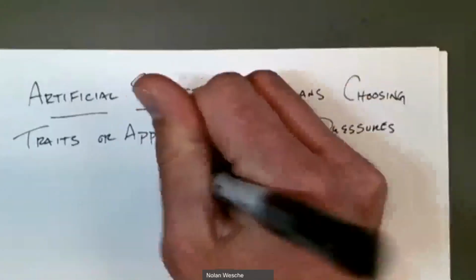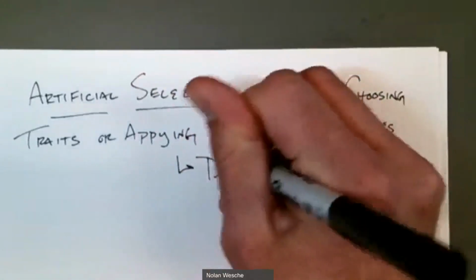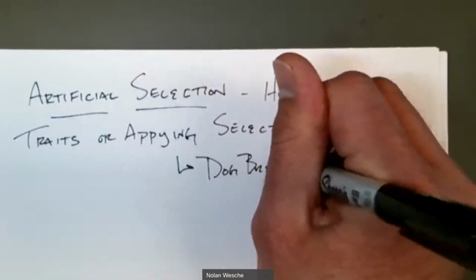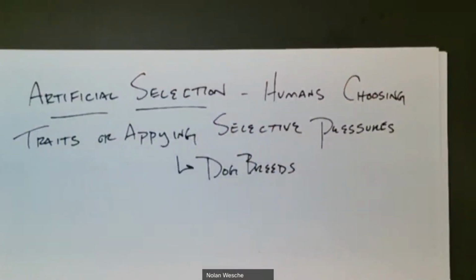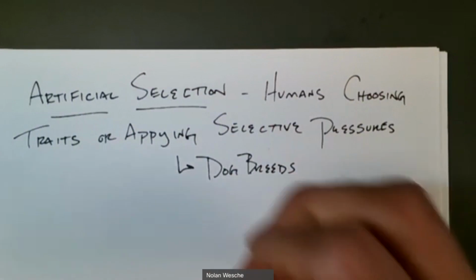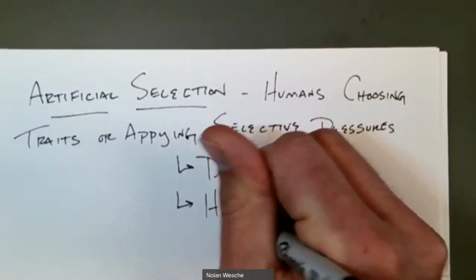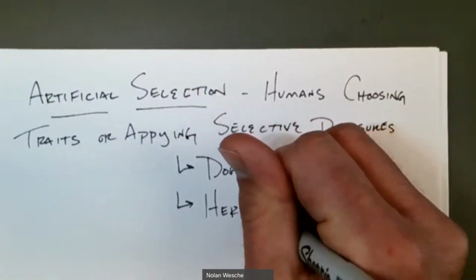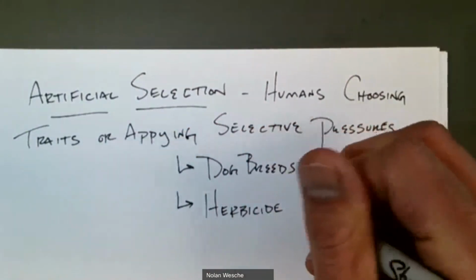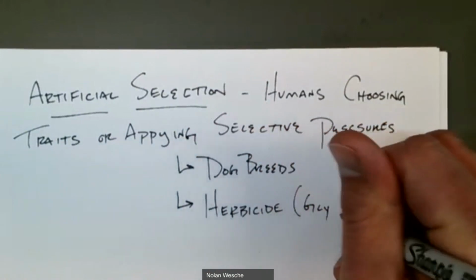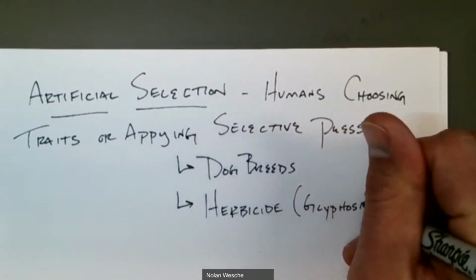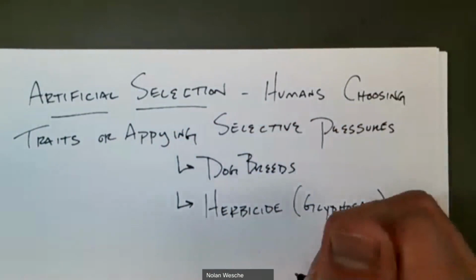So again, we see this with dog breeds is a great example throughout human history. We see it with a couple other things as well. We'll look at a couple here. Herbicide resistance, particularly glyphosate, like Roundup, a Bayer product.